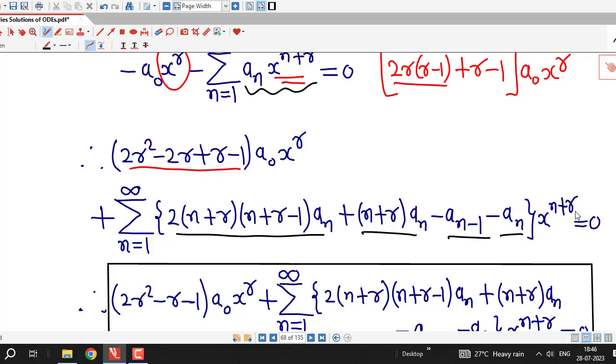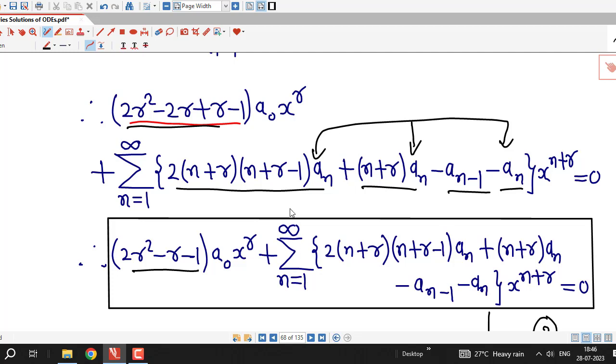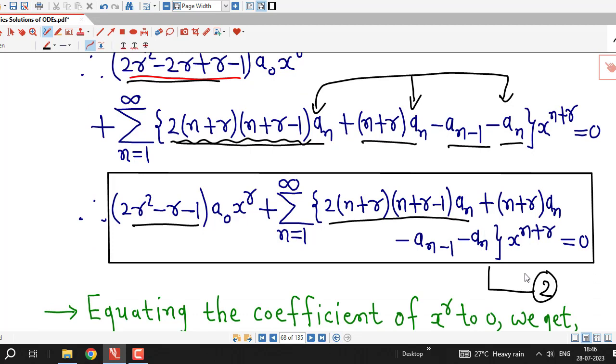I have combined the terms with an, these three terms. This I can rewrite as 2r square minus r minus 1 a0 x raised to r plus sigma n equal to 1 to infinity of 2n plus r minus 1 an plus n plus r an minus an minus 1 minus an x raised to n plus r, and I have given this number 2.